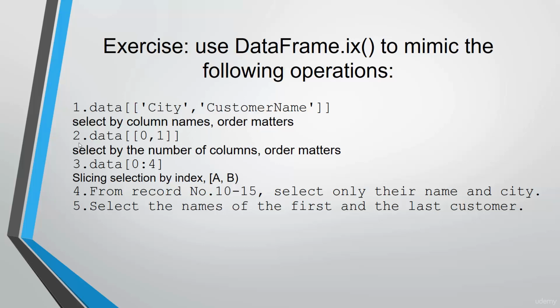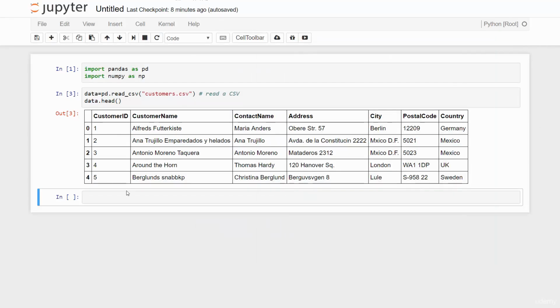In the first question, we are supposed to mimic the column selection operation. It's quite straightforward to do this with the ix indexer, as long as you remember by heart that in the ix indexer, there are two parts. The first part is to select the rows, and the second is to select the columns.